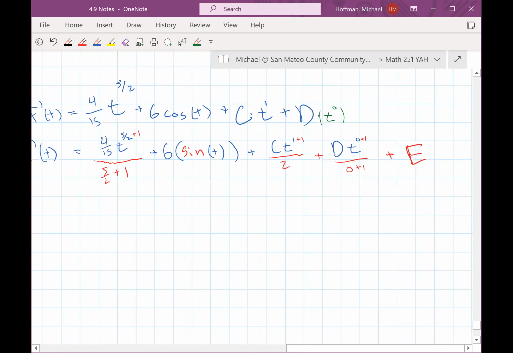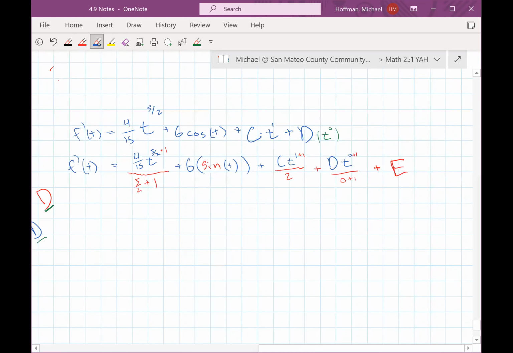Whoa. So again, 5/2 plus 1 is 5/2 plus 2/2, that's going to be 7/2.